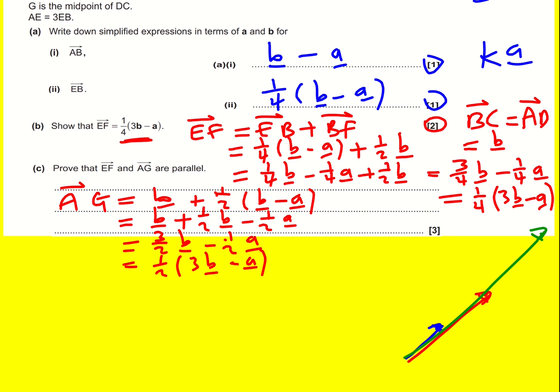So we just need to wrap that up. What's best to write is that this is going to be 2 times a quarter 3B minus A. Why have I done that? I've split a half into 2 times a quarter because now the thing on the right is exactly this thing here. So AG is equal to 2EF.